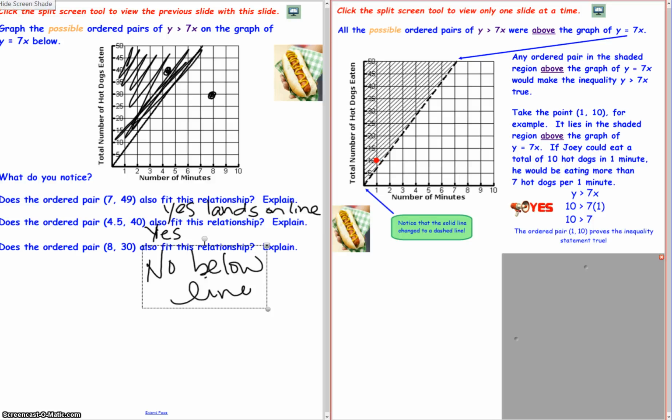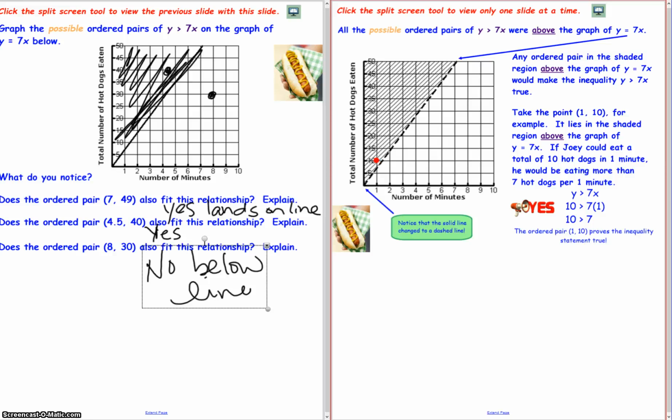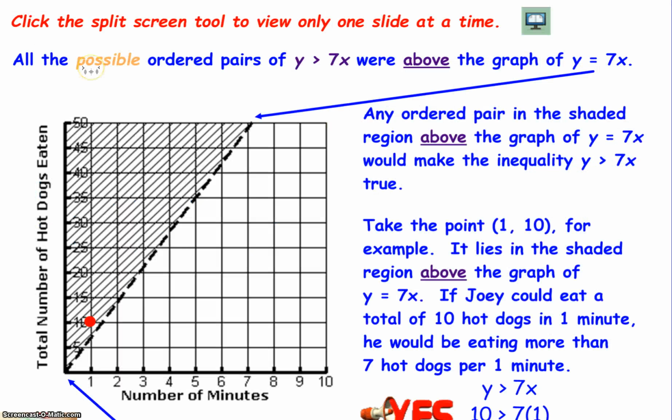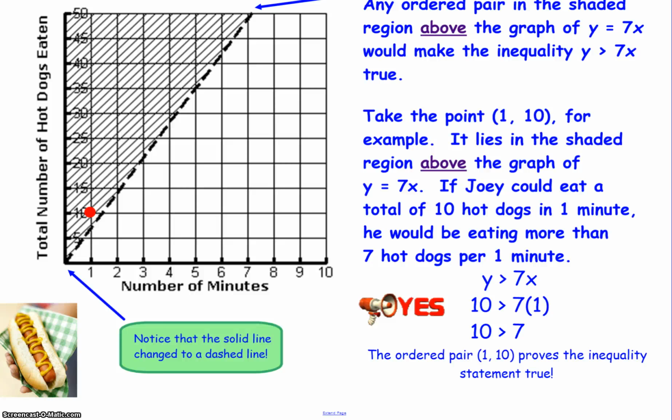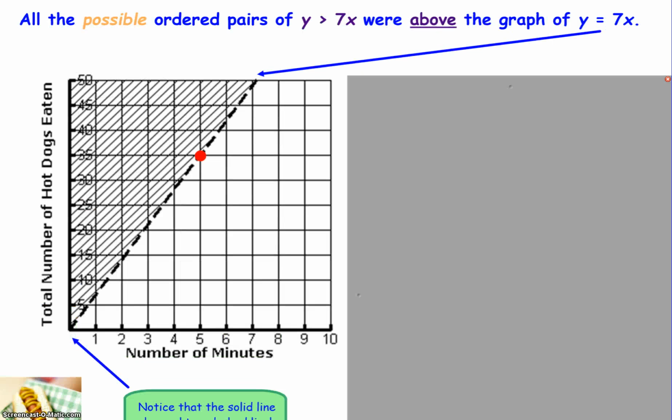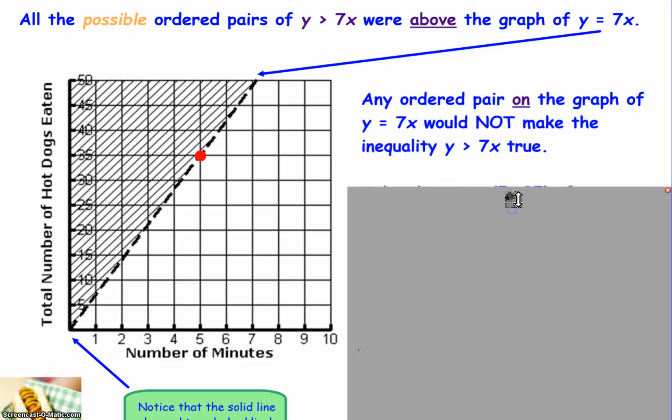I'm going to go back to full screen. So, all the possible ordered pairs were above the graph. Any ordered pair on the graph of y equals 7x would not make an inequality true.